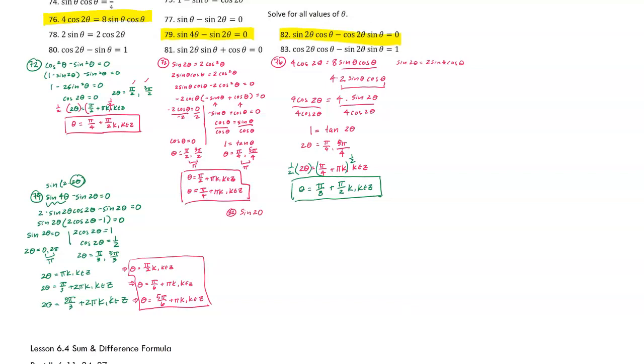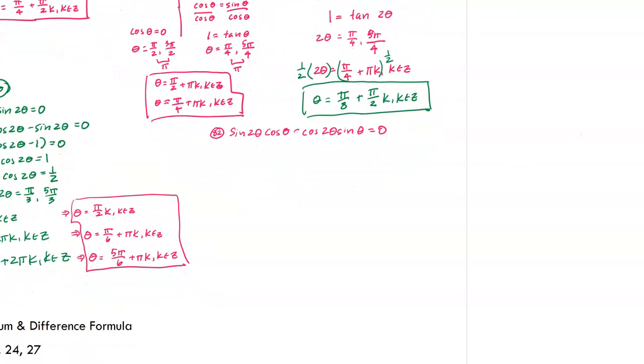Sine of 2 theta, cosine of theta, minus cosine of 2 theta, sine of theta equals 0. Okay, if you look at this equation, we have a sine of the first angle and a cosine of the second angle, cosine of the first angle and the sine of the second angle. So that would be the sine formula.